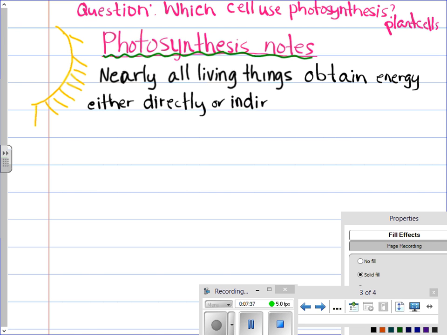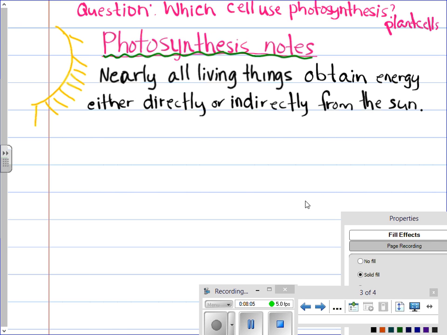What does that mean? It's not coming straight to you, but it may. And what is indirect? If it's not coming straight to you, it may come through something else. Directly means it comes straight to you. So nearly all living things obtain energy either directly or indirectly from what? The sun. How many of you think that's true?